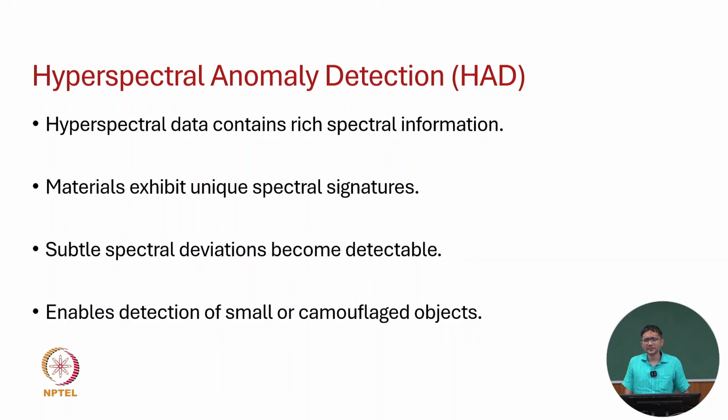I don't remember exactly right now, but if my memory is good, there is one image scene where there are just 21 pixels, I think, which are anomalous. So that's what we're talking about, that we need to be able to detect such small anomalies.